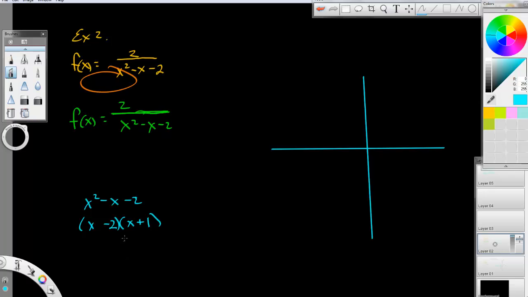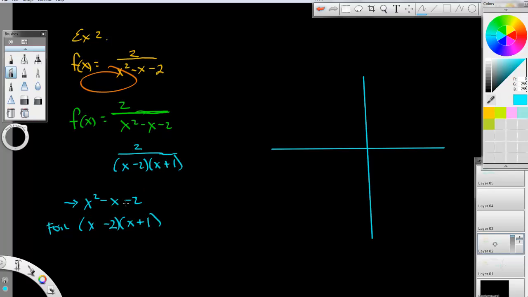And we remember this from Algebra 2, because if you FOIL this, you will wind up with this. So if we FOIL this right here, you will come back up with this. This is called factoring a trinomial into two binomials. It is a hugely important skill. So this would become x minus 2, x plus 1.